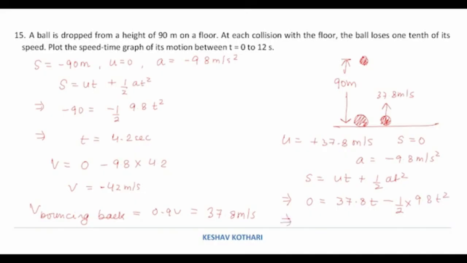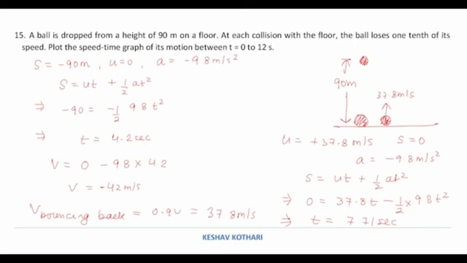So from here we obtain t equals that is 7.71 second. So 7.71 second after making the first impact. So from here we are ready to draw our speed time graph, which the question is asking us to do.